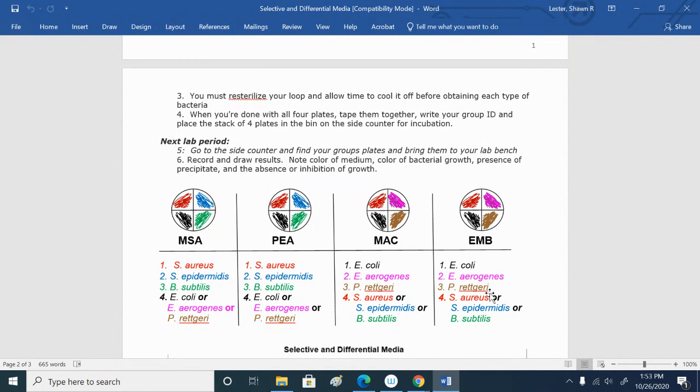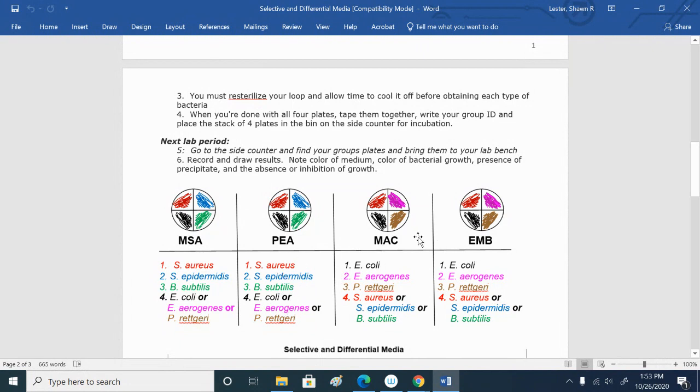And so what you would have done is you would have divided the plate into 4 quadrants by writing on the bottom of the Petri dish. And then for MSA and PEA, you would have put these 3 gram-positive bacteria on your plates, and then you had your choice of a gram-negative, E. coli, Enterobacter aerogenes, or Providencia rettgeri in the last zone. Same thing for PEA.